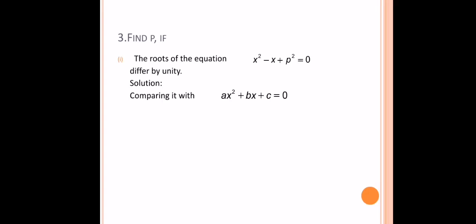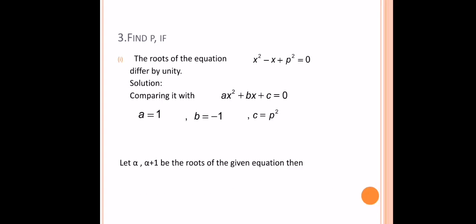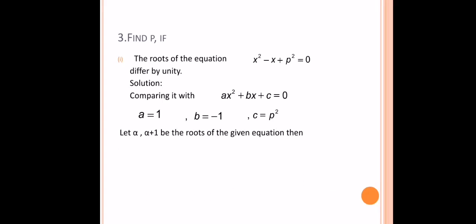Comparing with ax² plus bx plus c equals 0, we get a is equal to 1, b is equal to minus 1, and c is equal to p². Let alpha and alpha plus 1 be the roots of the equation. Why have we taken alpha and alpha plus 1 instead of alpha and beta? Because the roots should differ by unity.